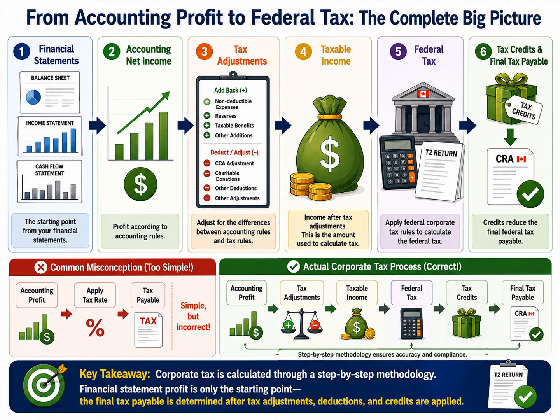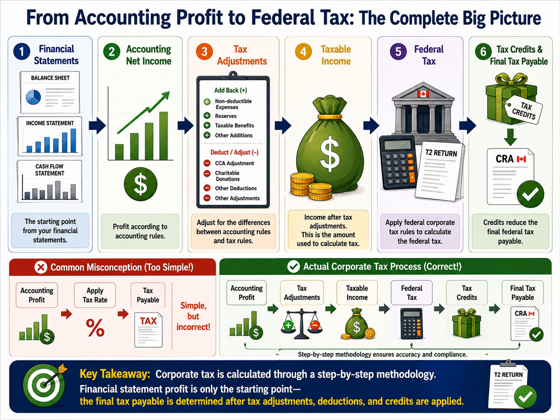Other adjustments, such as replacing accounting depreciation with capital cost allowance and accounting for reserves or other tax-specific items, are also made during this stage. After all of these adjustments have been completed, we arrive at taxable income. This is one of the most important figures in the entire corporate tax return because it is the amount used to calculate the corporation's federal income tax.